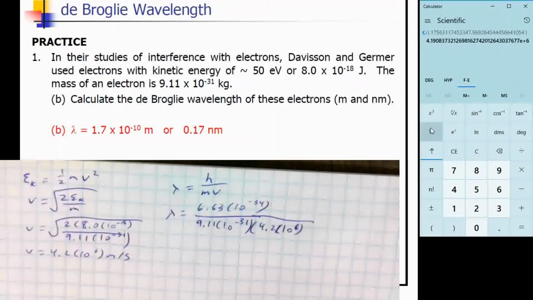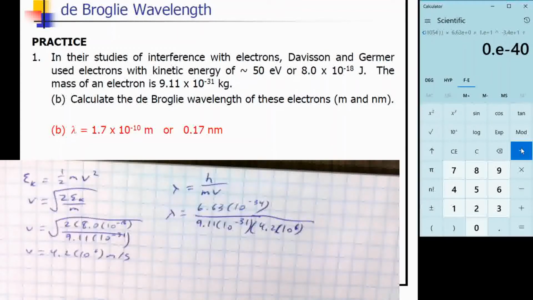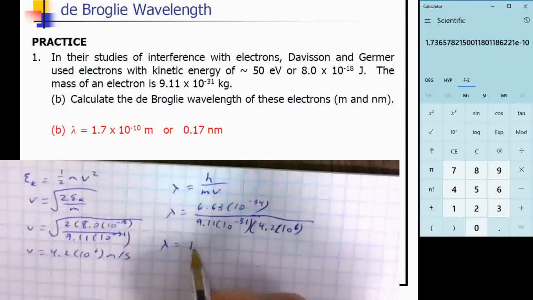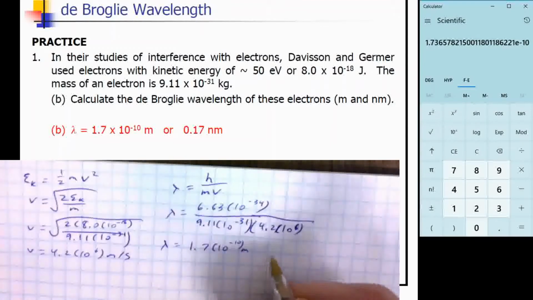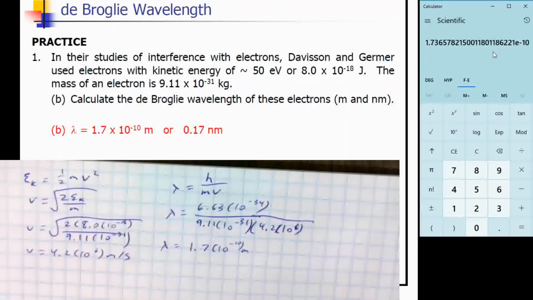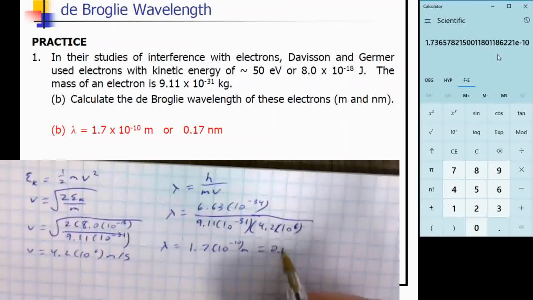I will reciprocate it and multiply it by 6.63 times 10 to the negative 34. I'll also then divide it by 9.11 and divide it by 10 to the negative 31. I end up with my lambda as 1.7 times 10 to the negative 10. And to write this in nanometers, I can divide this by 10 to the negative 9, which would simply be 0.17 nanometers.